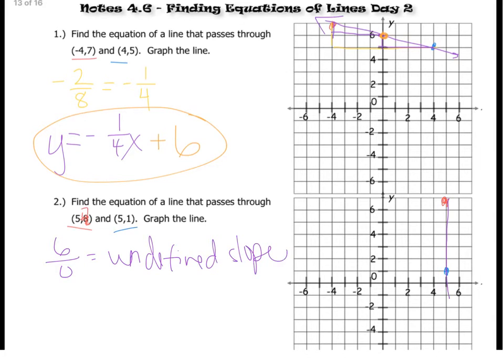Remember, for undefined slopes, you go according to what the x is in that equation. Well, the x in both of them is 5, so this equation is x equals 5. You know that it will not have a y in this equation because it never crosses the y-axis. It only crosses the x-axis. So it is x equals 5.